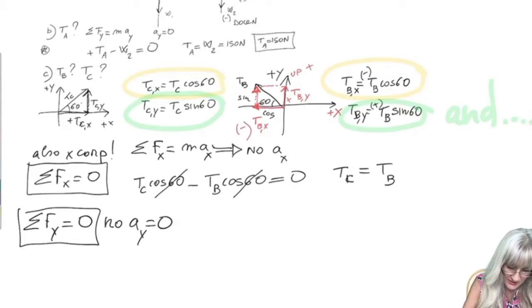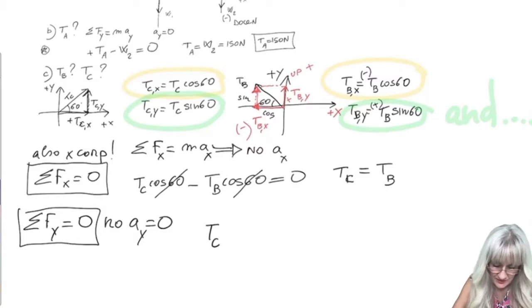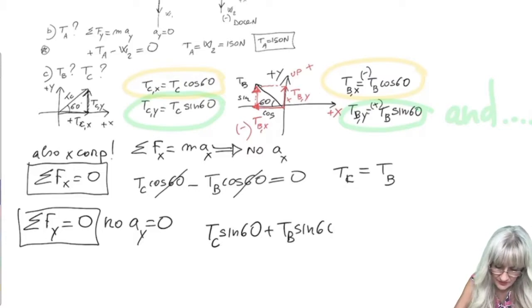Let me write down in the meantime. I have Tc sine of 60, right, plus Tb sine of 60.